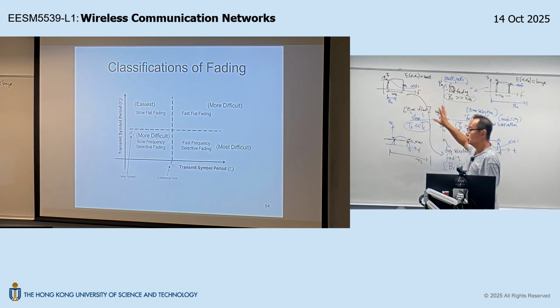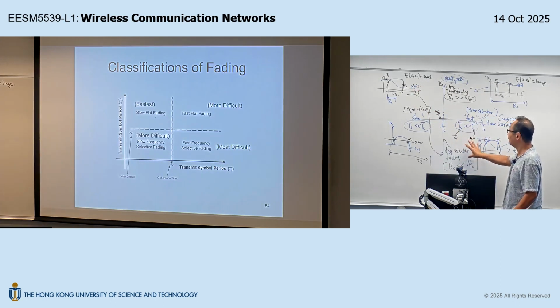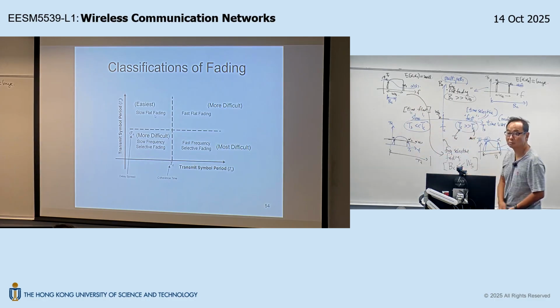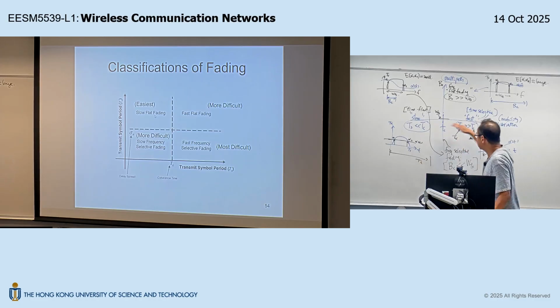On this side, this is fast frequency selective fading. And this is slow frequency selective fading. So we just have 2 times 2, 4 combinations of these adjectives. The x-axis gives you fast or slow. The y-axis gives you frequency flat or frequency selective. You just combine them together, and you have 4 situations.